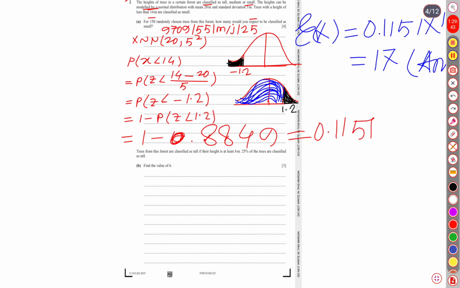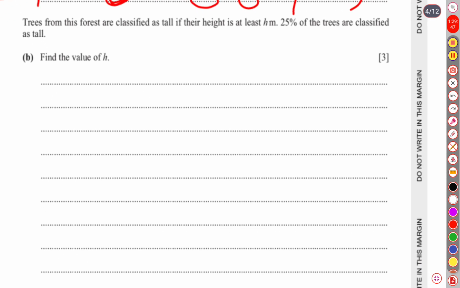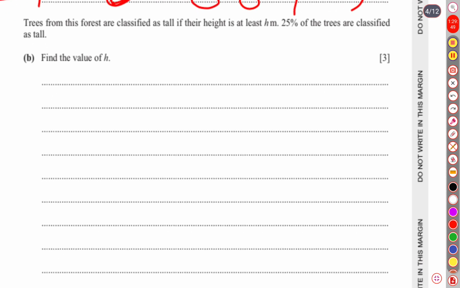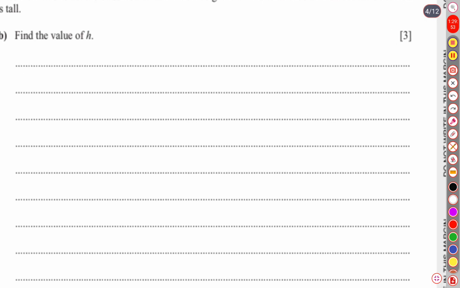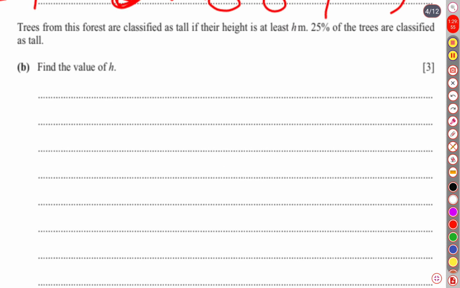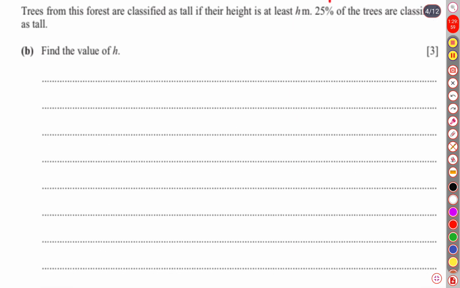Let's see question number B. B says trees from this forest are classified as tall if their height is at least 8 meters. 25% of trees are classified as tall. So we are still under the same normal distribution. Let us write the probability that x is at least h.